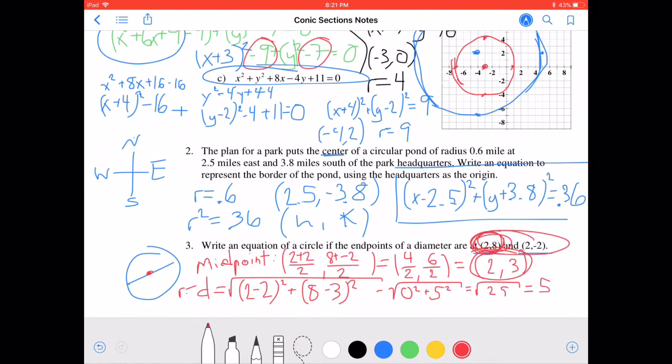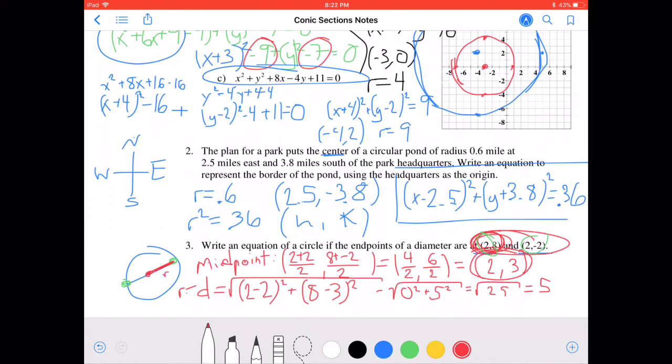So again, we were given these two endpoints. We found the midpoint because that's the center, and then we found the distance between the center and the endpoint in order to find the radius.